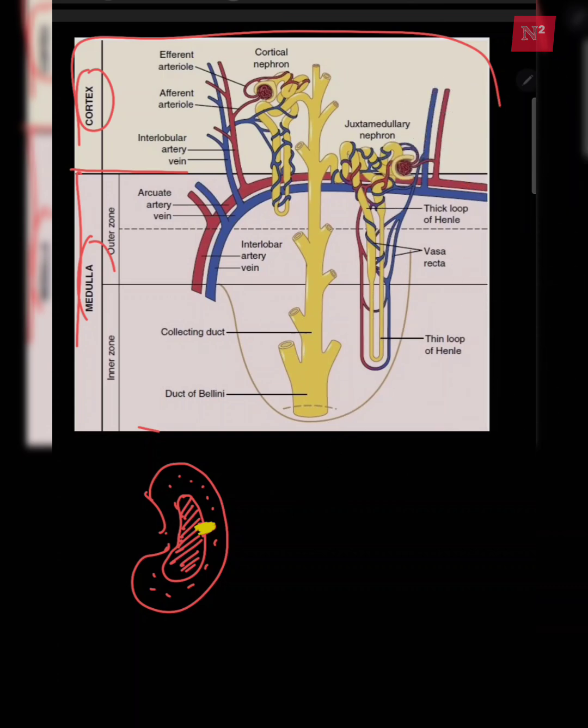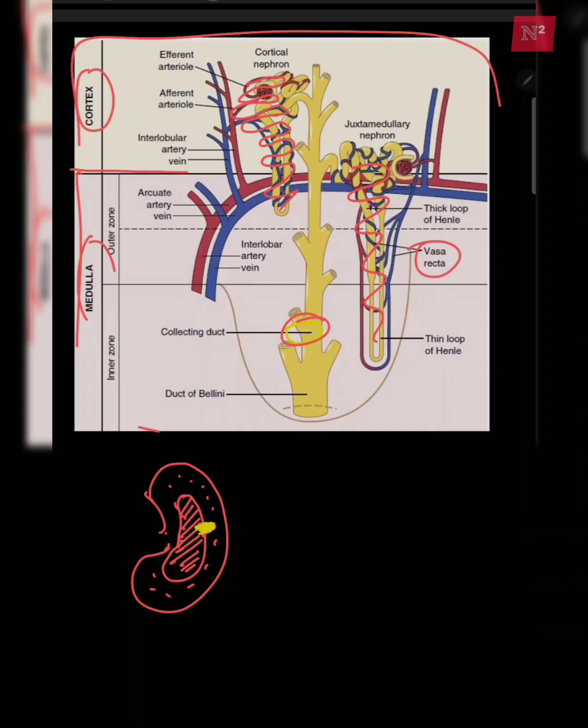Here in the nephron you can see the collecting duct, which collects the filtrate passing from the nephron. Around the nephron you can see some vessels encircling the whole nephron. This is called the vasa recta.